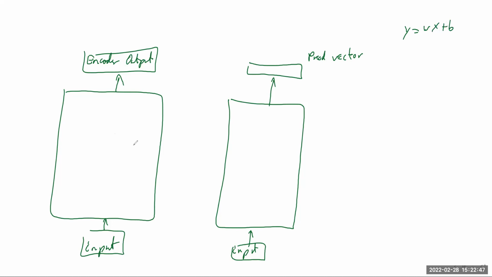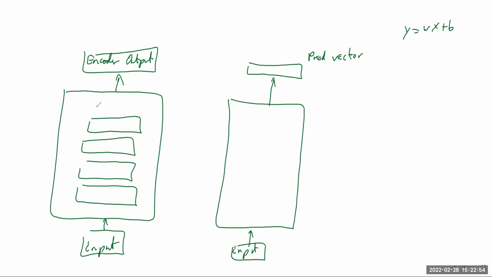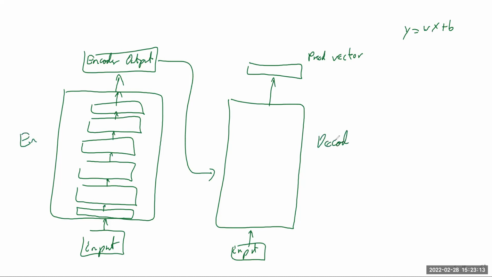In fact, the original Vaswani paper had 6 what are called encoder layers: 1, 2, 3, 4, 5, 6. They're all exactly the same. And then the decoder, this is the encoder, this is the decoder, also had 6 what are called decoder layers: 1, 2, 3, 4, 5, 6.